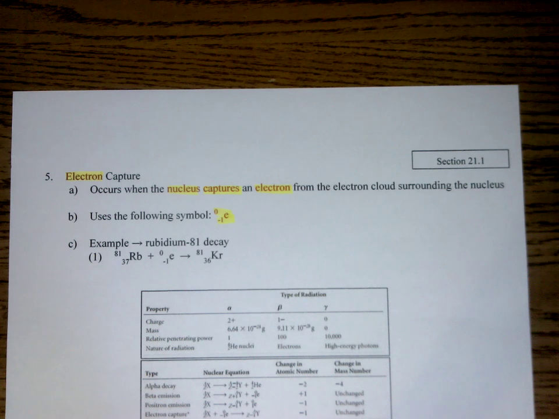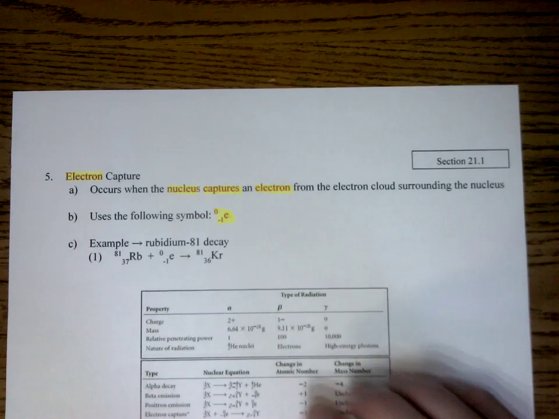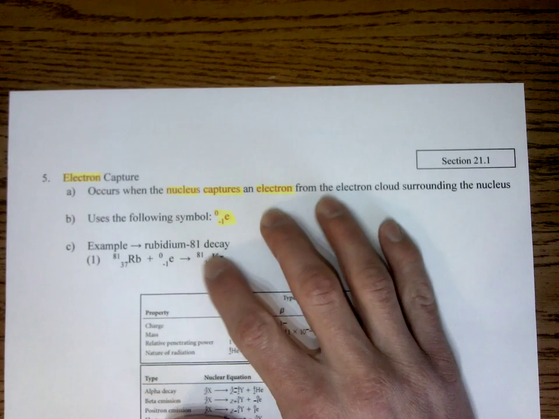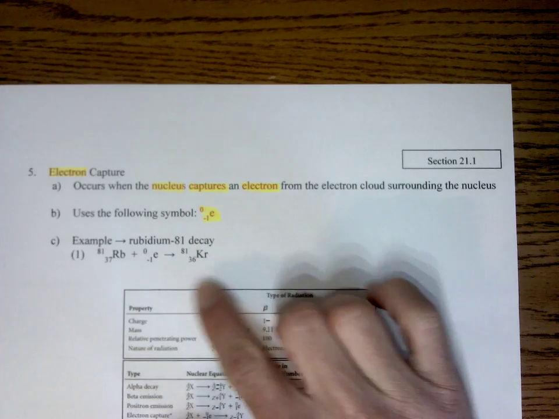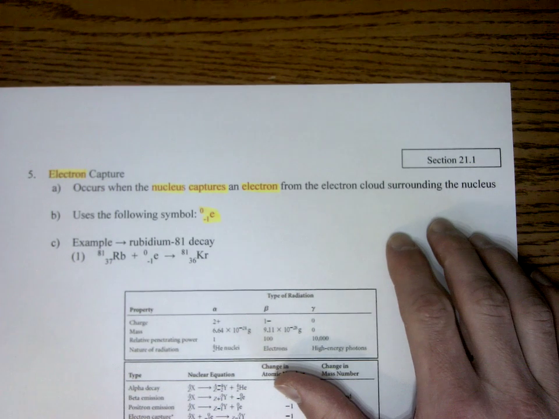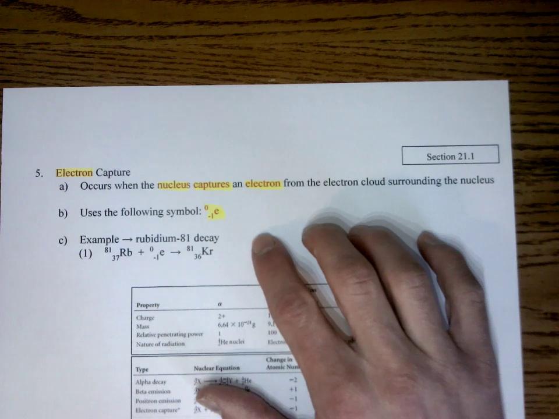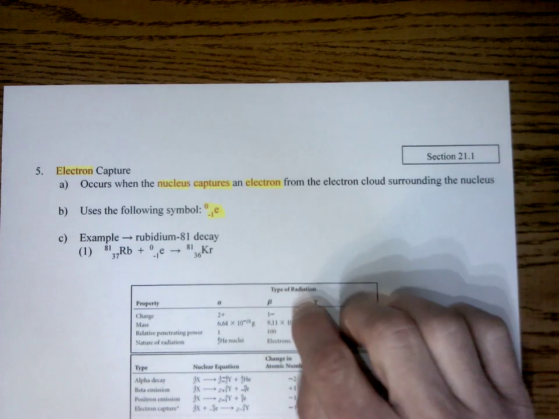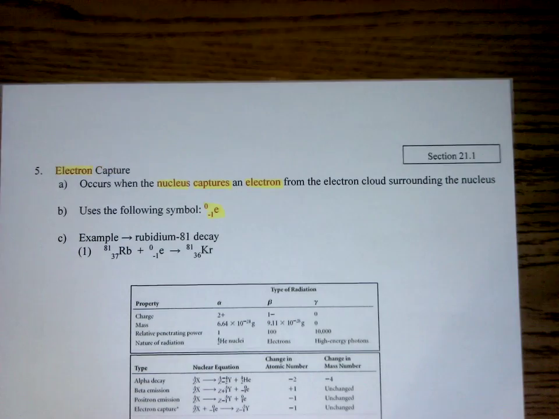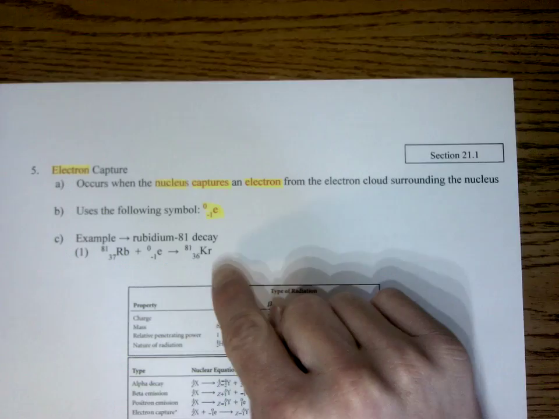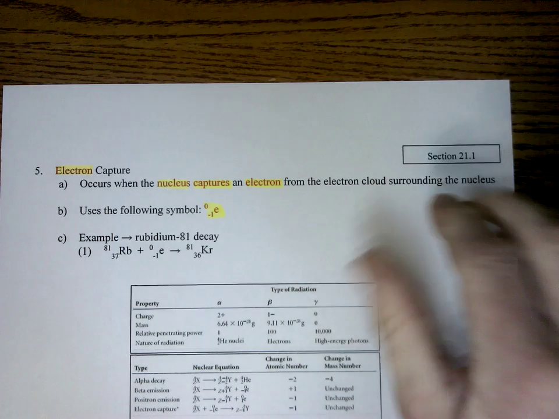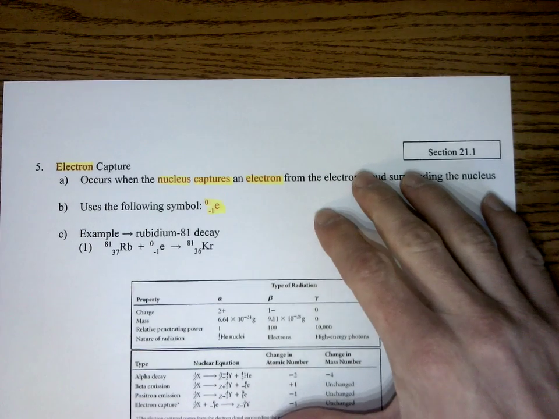What we're concerned with in nuclear chemistry is how that is affecting our nucleus, and ultimately here in our example of rubidium going through this particular electron capture, we have the effect on our nucleus.